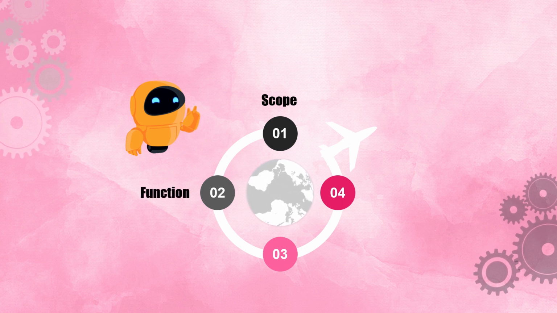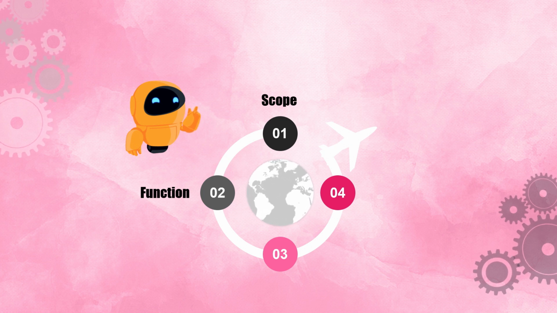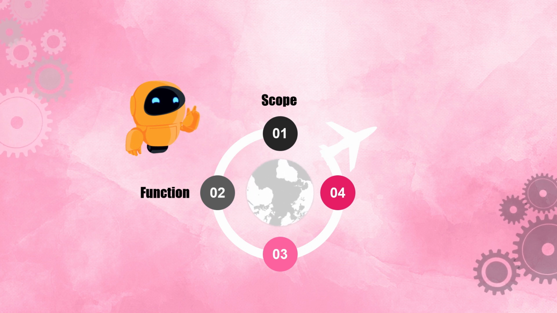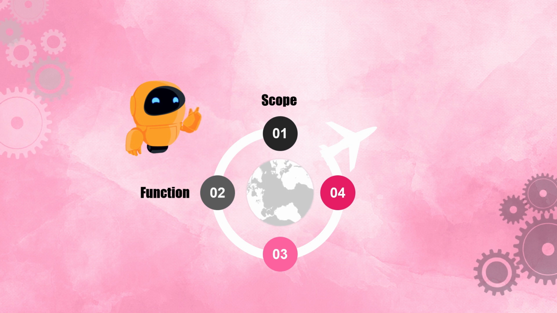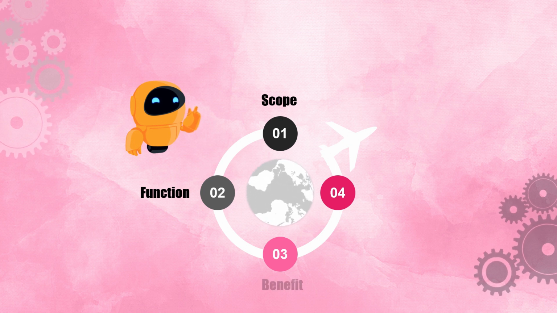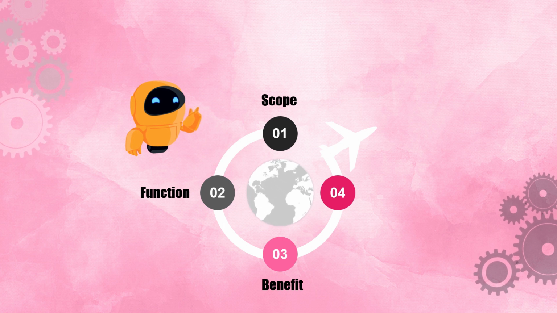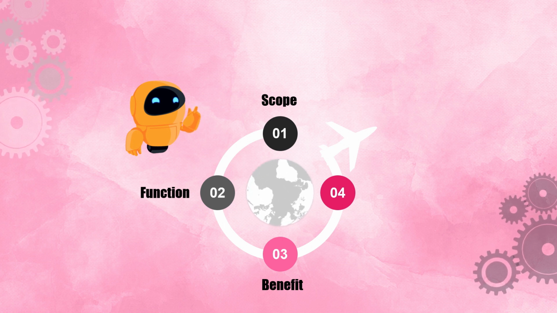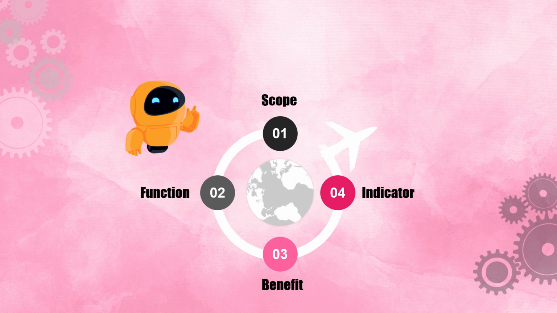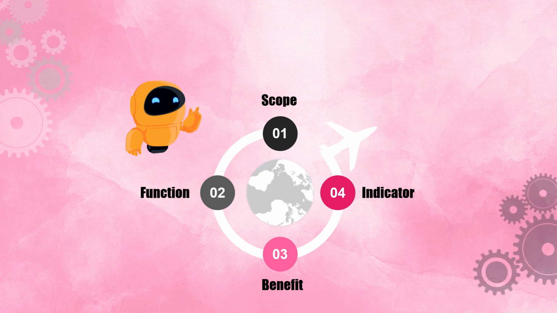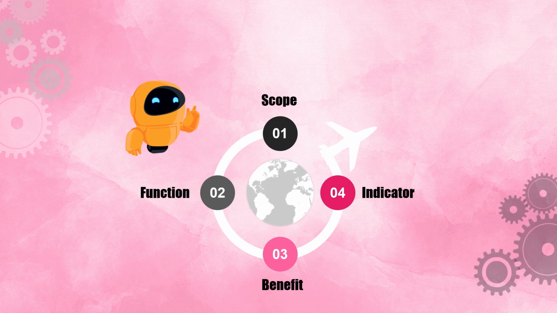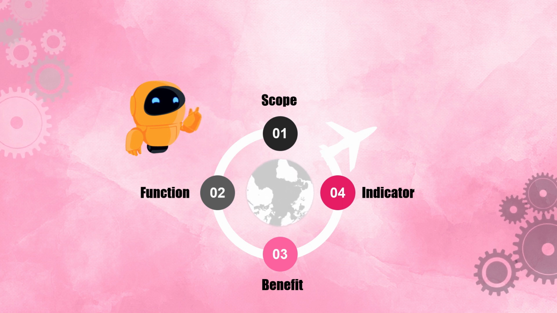Second is function of EPE, to assess environmental performance and essentially a monitoring tool for helping an organization about environmental aspect. Third is benefit, to improve identification and understanding of impact and aspect. And lastly is indicator. The reliable indicator will help organization to determine and evaluate risk, objective and target.